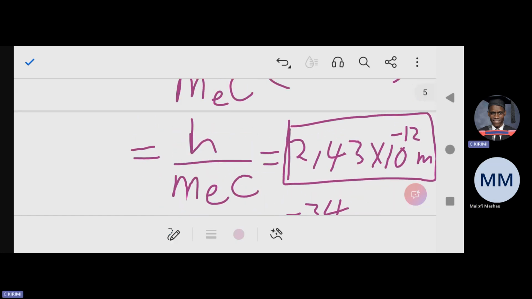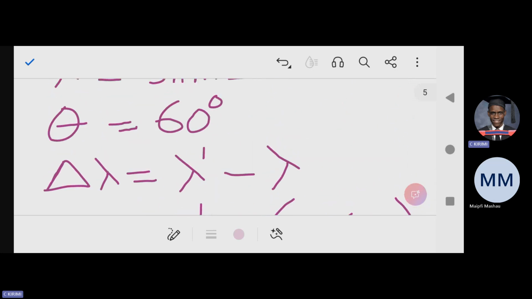When you round to 2 decimals, the 5 rounds the 2 up to a 3. And that's why it's 2.43 times 10 to the power negative 12. That's how we found our h over m_e c, because all these are constants.